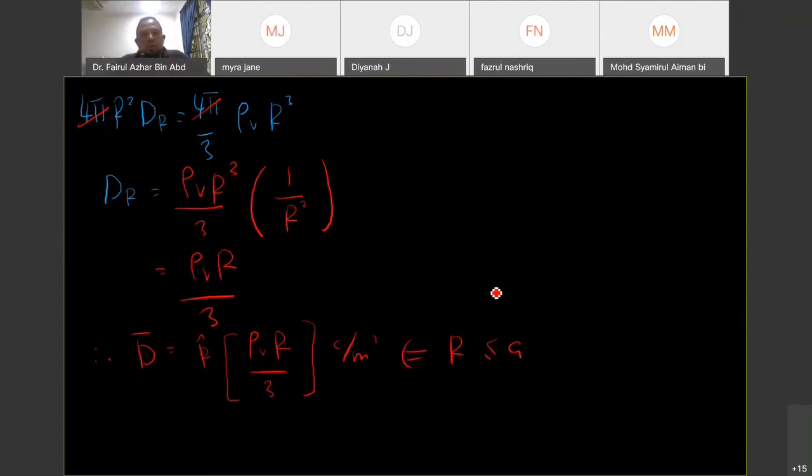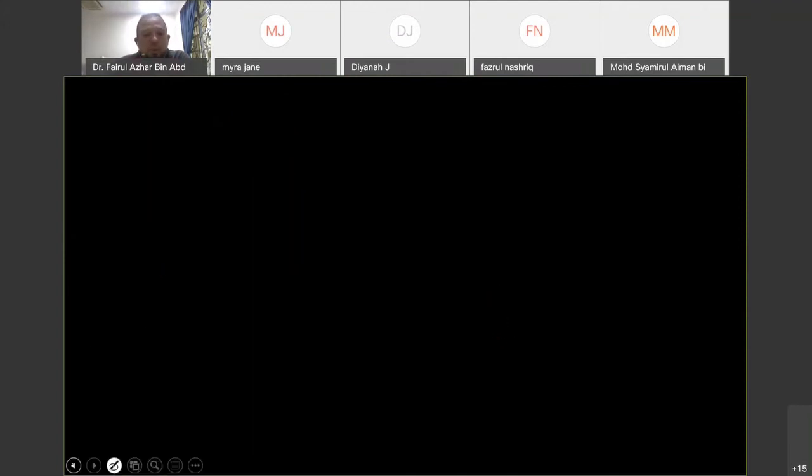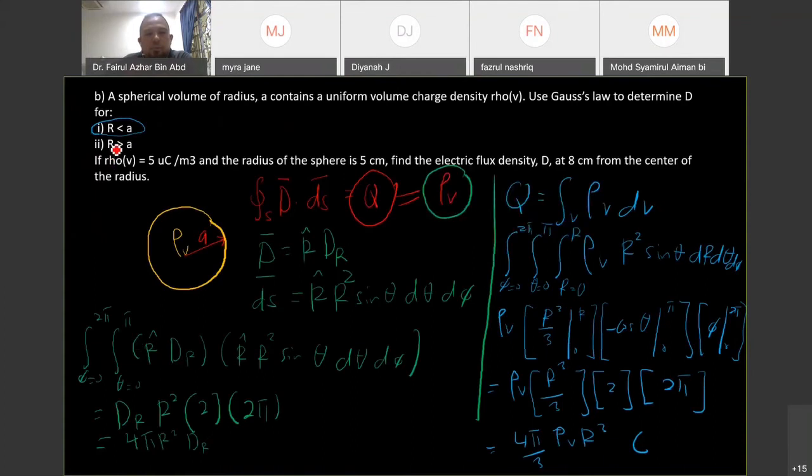Based on the question, we also need to determine the expression for the vector D for the area r greater than a, which in this case is the area outside the charge.